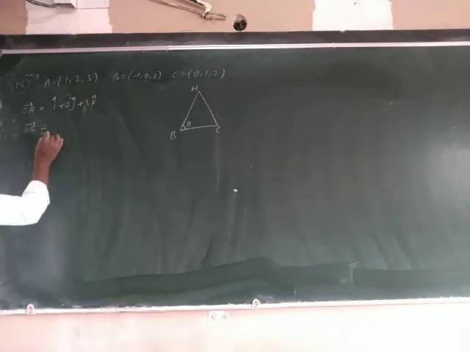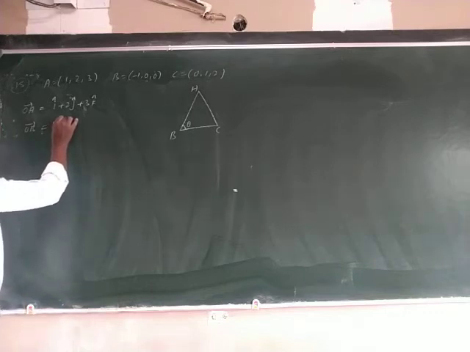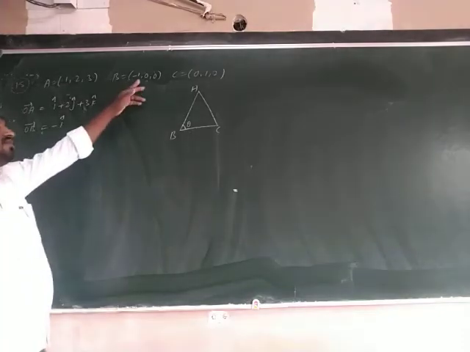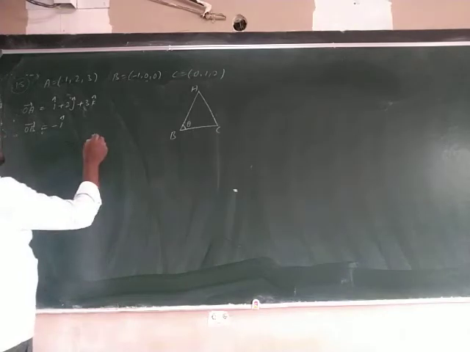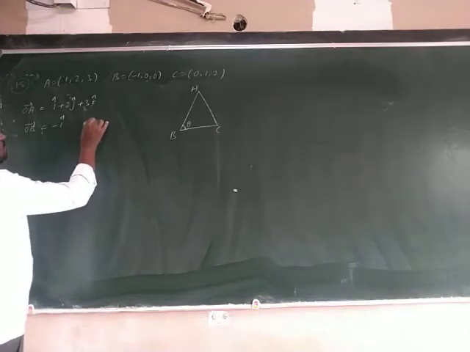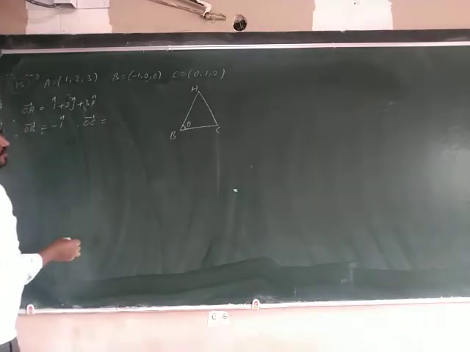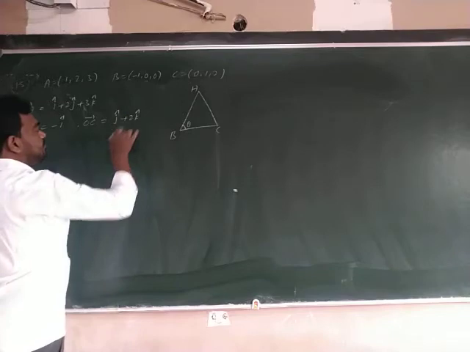OB is equal to minus 1 into i cap plus 0 into j cap plus 0 into k cap, that is equal to minus i cap. Next, OC is equal to 0 into i cap plus 1 into j cap plus 2k cap.